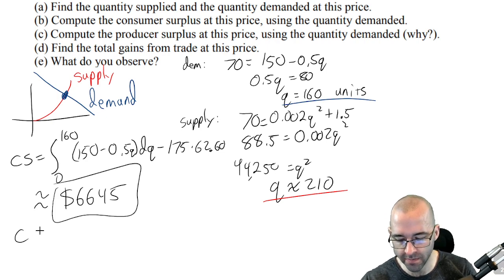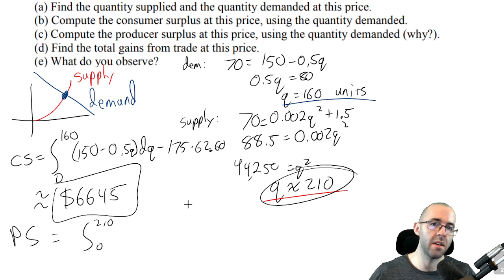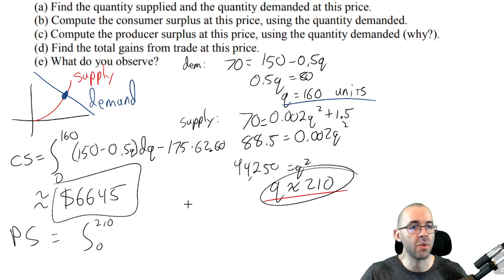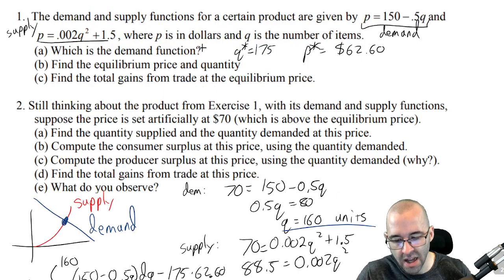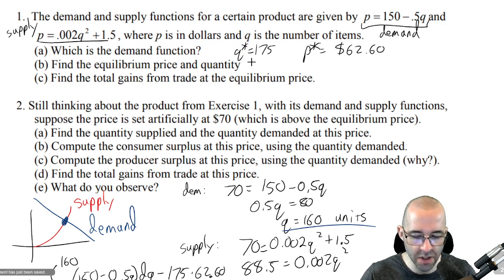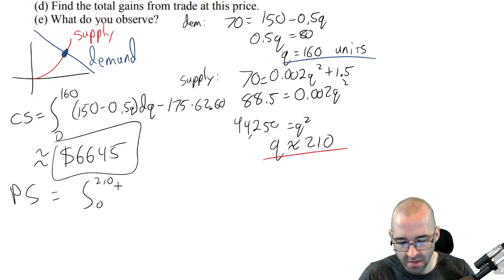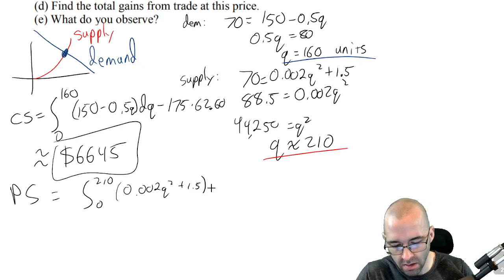Similarly, the producer surplus: the integral from 0 to 210. Again, it wants us to use the quantity supplied. 0 to 210 of our supply equation, which is 0.002Q squared plus 1.5. We're taking P star Q star and subtracting.